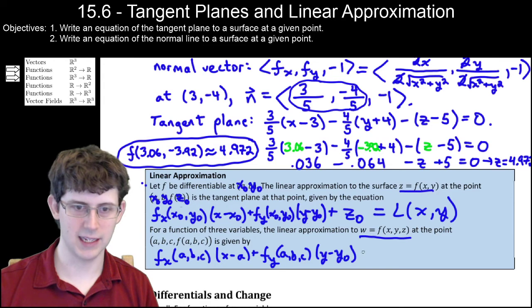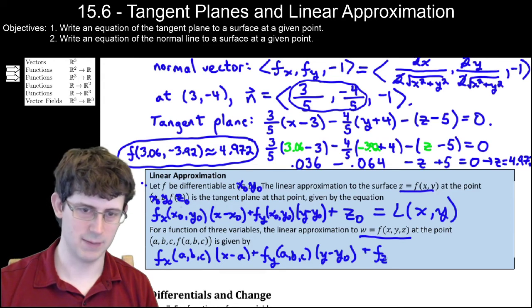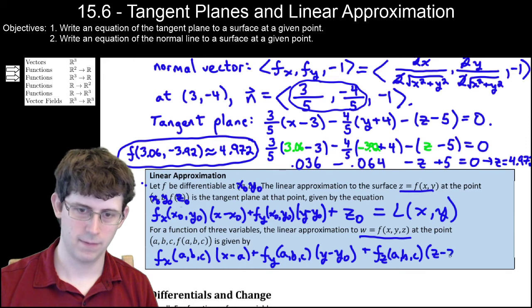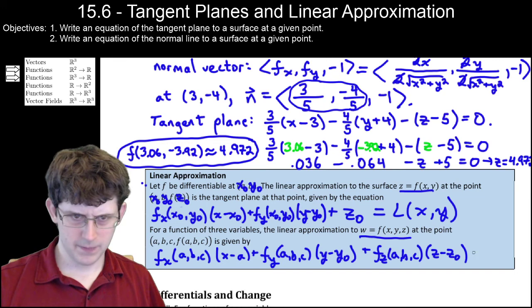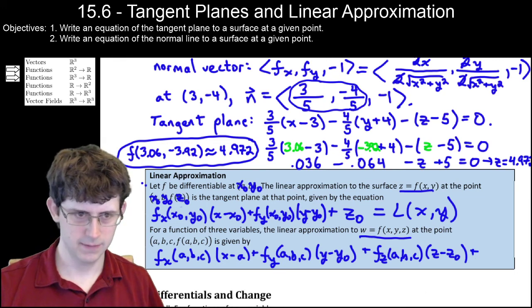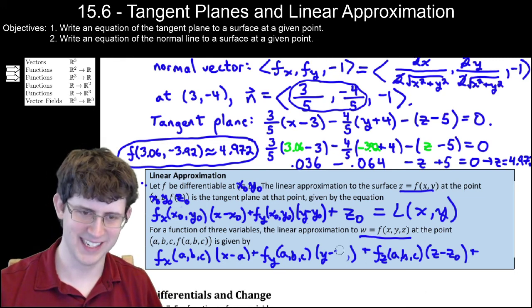So here, in this case, when we get to the z's, you just do the same thing. And then we still need it.